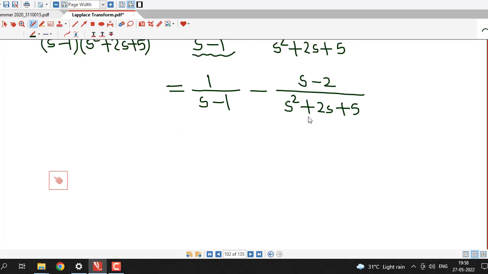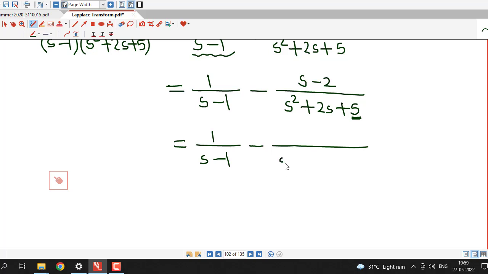Now this factor s square plus 2s plus 5 is irreducible. So what we can do is, we can find out the last term so that we have square of some linear factor, or we have perfect square.